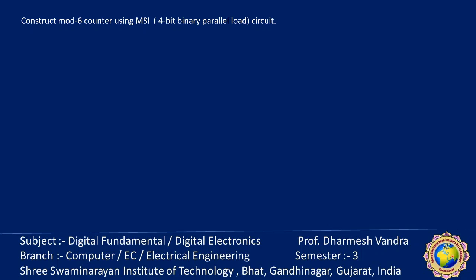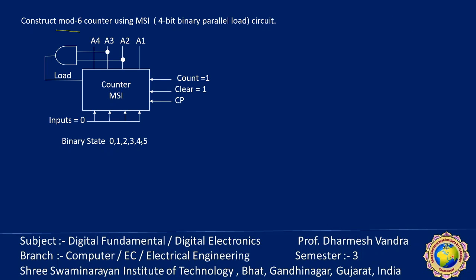Now sometimes we are given a mode 6 counter. Mode 6 counter means a continuous count, such as 0 to 5, and so on. Mode means continuously incrementing by 1, and the total number of stable states is 6. So let's say we have to count 0 to 5: 0, 1, 2, 3, 4, 5.